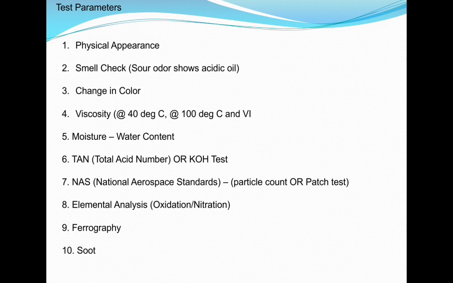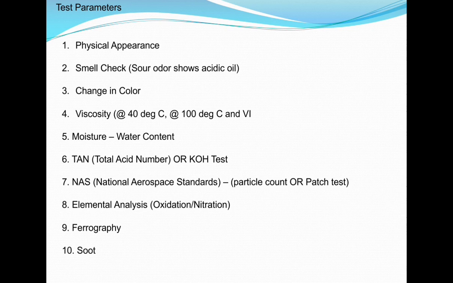Elemental analysis checks the contamination elements available there, from which we can know whether the contamination is from bearings, gears, housing, or any other means. The last one is soot.